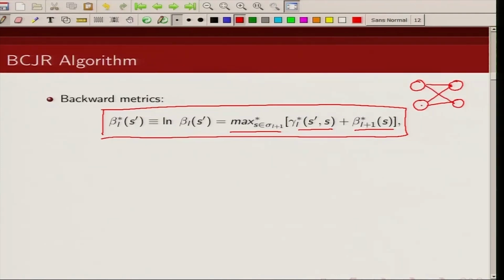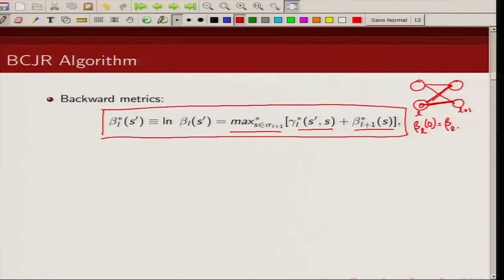If you are interested in computing beta at L, let us say this is time L plus 1, and this is time L, beta L 0 will be, so these are the two branches that are terminating here.